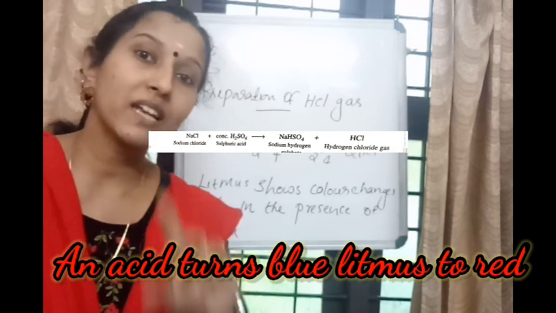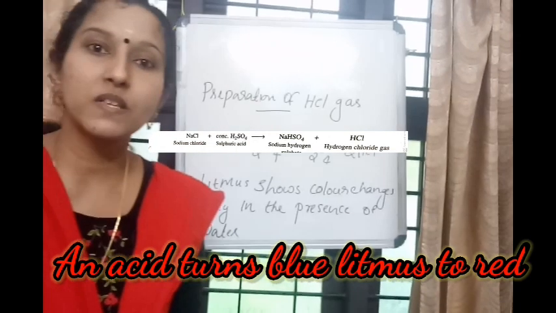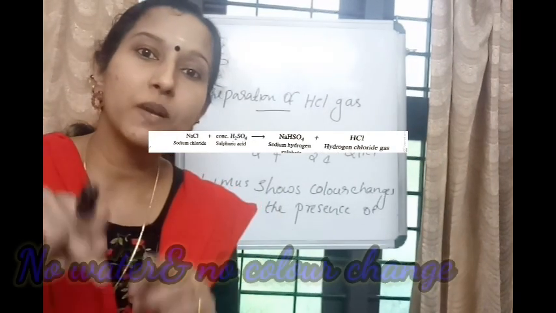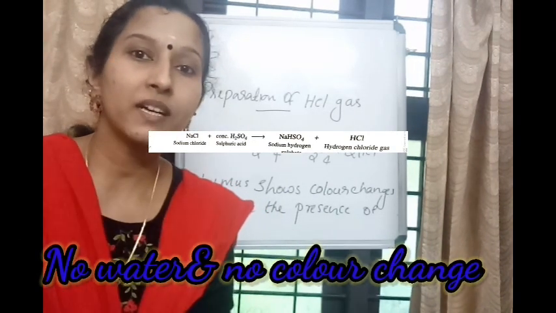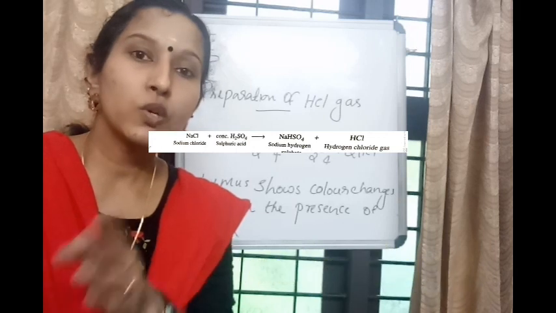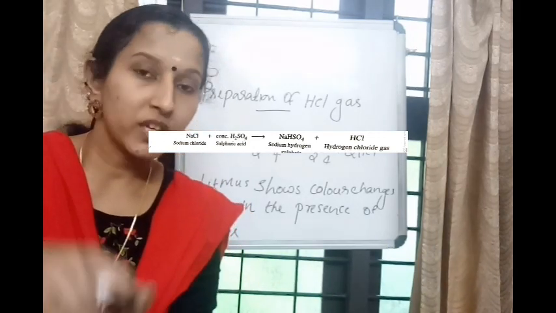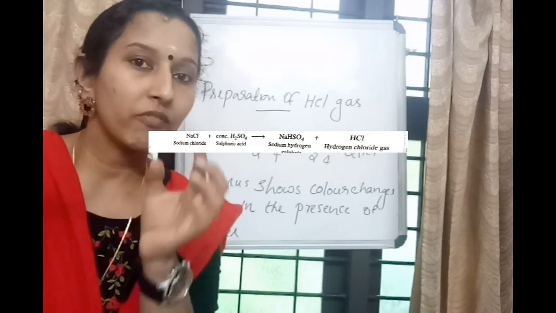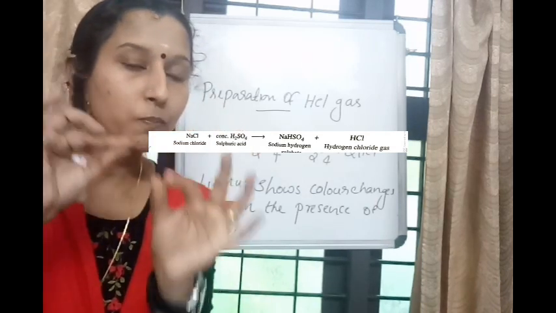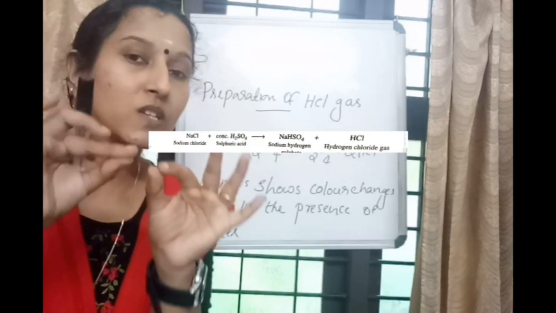Why is there no color change on dry litmus paper? Because there is no water, so there will be no H plus ions. In case of wet litmus paper, it contains H plus and OH minus ions, due to the presence of water.